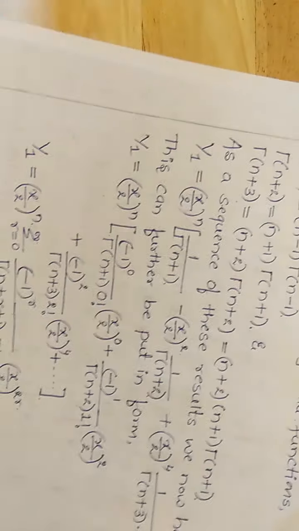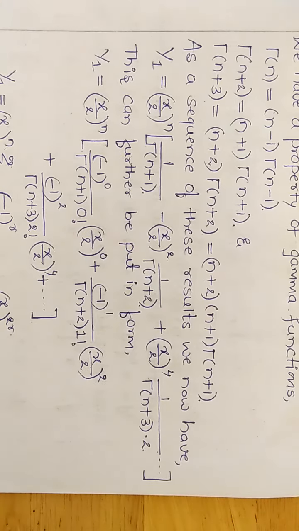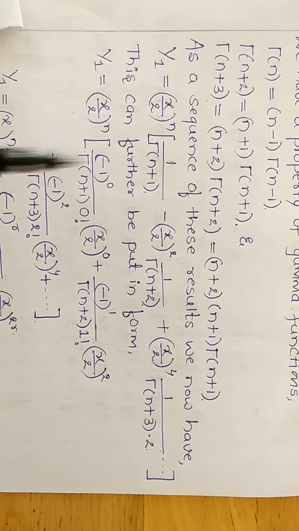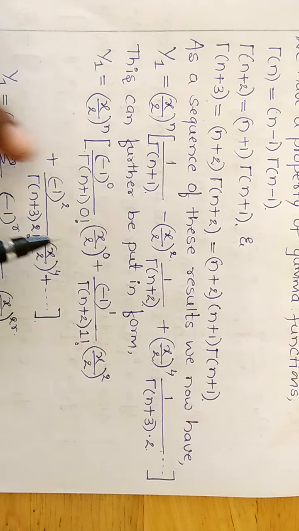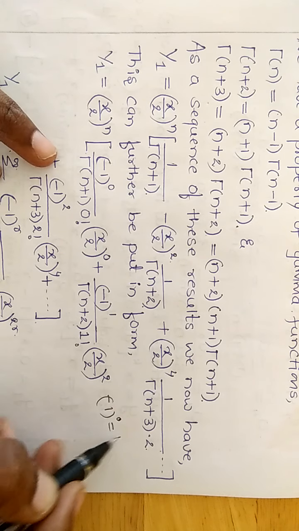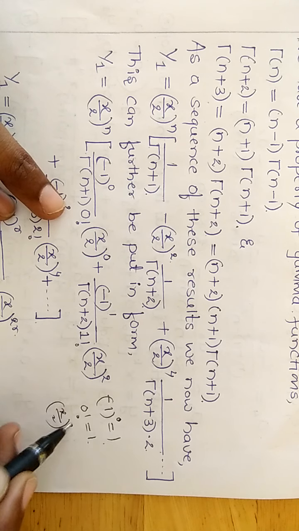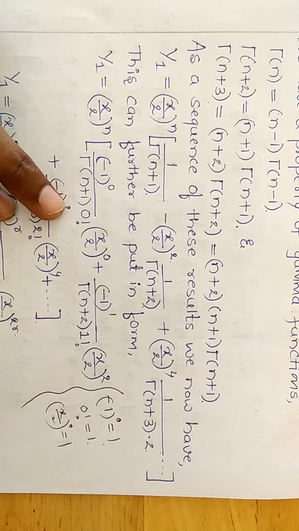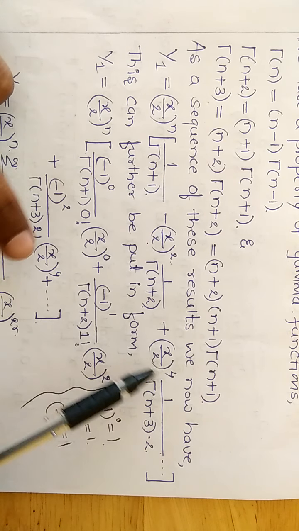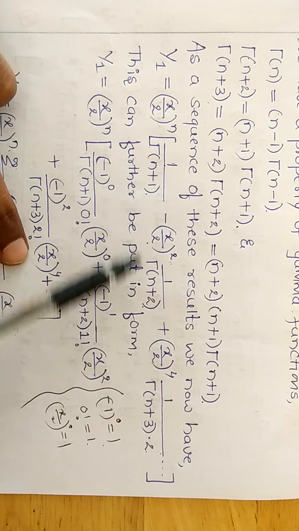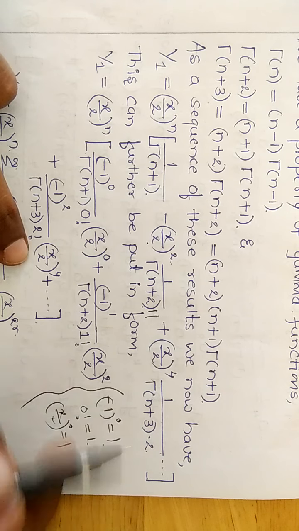So this can further be put in the form y1 is equal to 1 divided by gamma of n plus 1 can be written as minus 1 raised to 0. Minus 1 raised to 0 is 1 and 0 factorial is 1. X divided by 2 raised to 0 is also 1. All are in terms of 1, x by 2 whole square, x by 2 whole raised to 4 like that, and here it is 1 factorial, 2 factorial and so on.